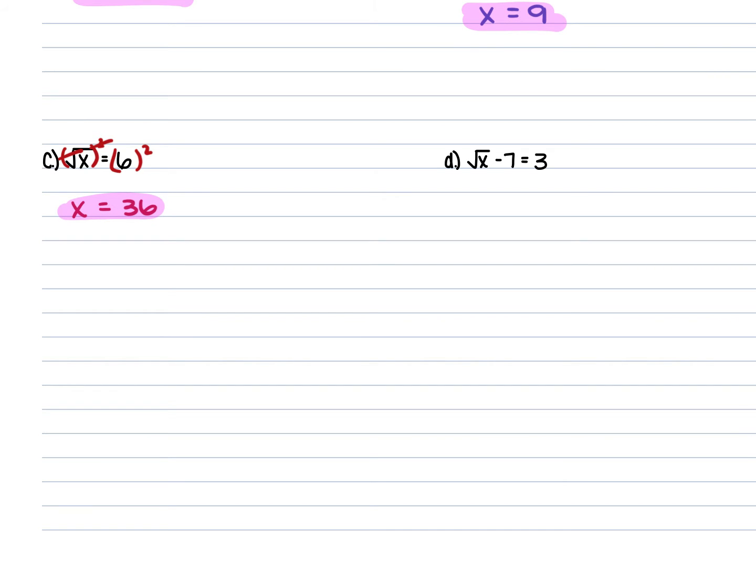For example D, we have the square root of x minus 7 is equal to 3. For this one, we're going to move that 7 over by adding it to both sides. We get the square root of x is equal to 10. We take the second power and raise each side to it, and we get that x is equal to 100.